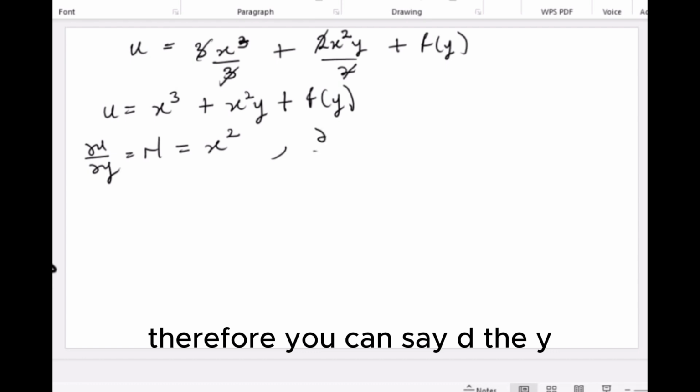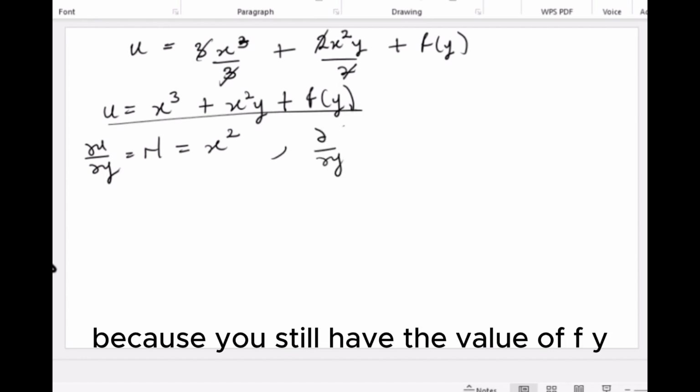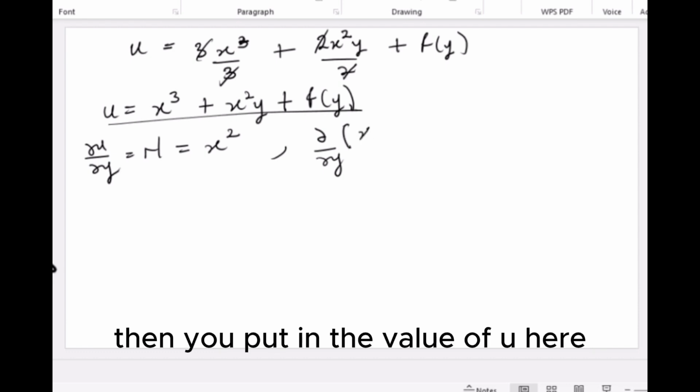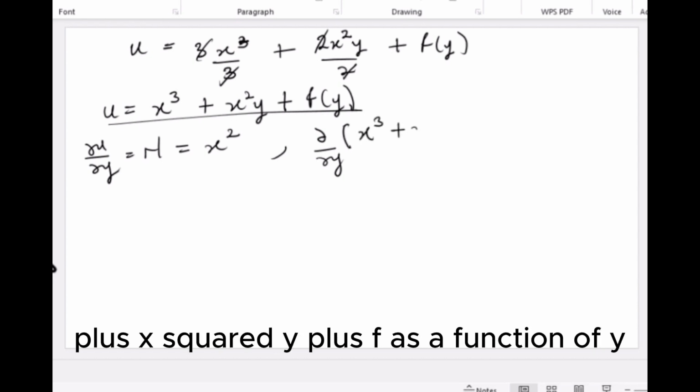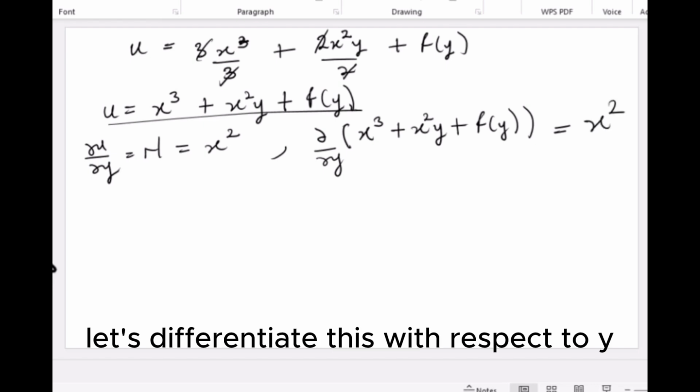Therefore, you can say d/dy. Since you found the value for u, but it is not complete because you still have f(y), which you need to solve, then you put in the value of u here: x cubed plus x squared y plus f as a function of y, then equals what? x squared. Let's differentiate this with respect to y.